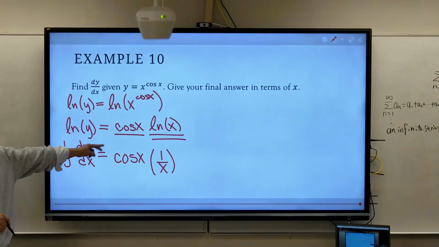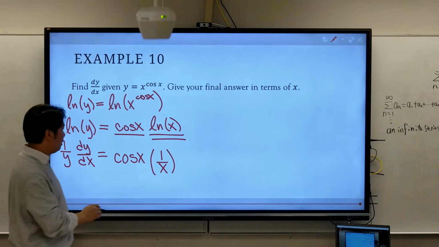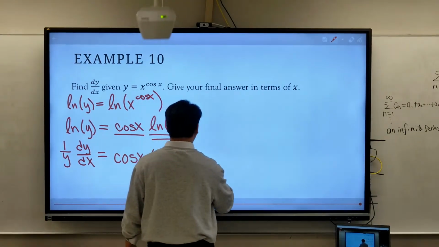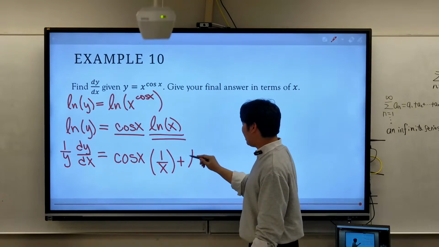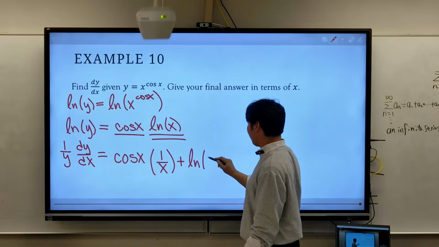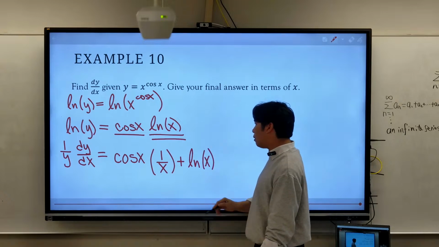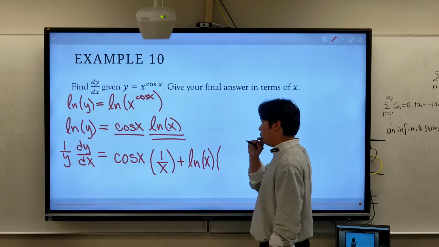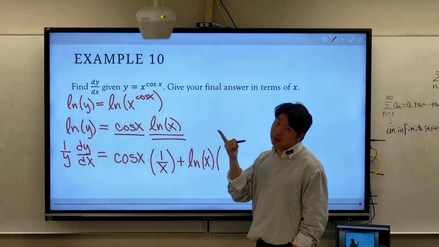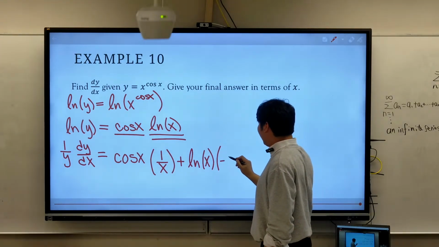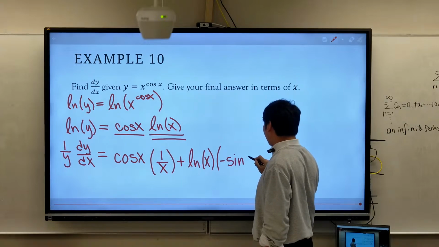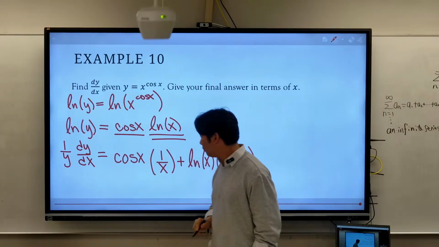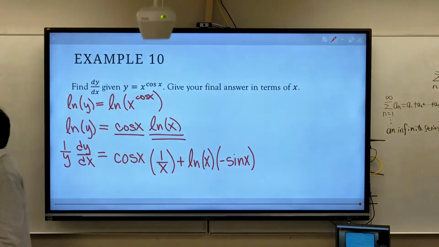So I have first d second plus the second. So I do plus, copying down the second term. And what's the derivative of the first? Yeah, we know that the derivative of cosine of x is negative sine of x. So I just did and completed my implicit differentiation portion.